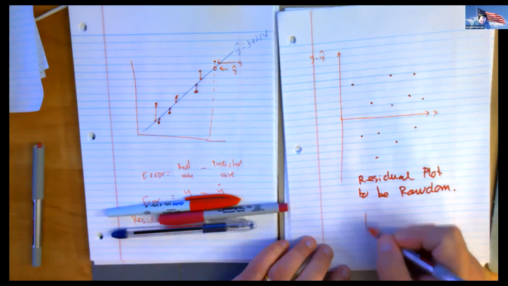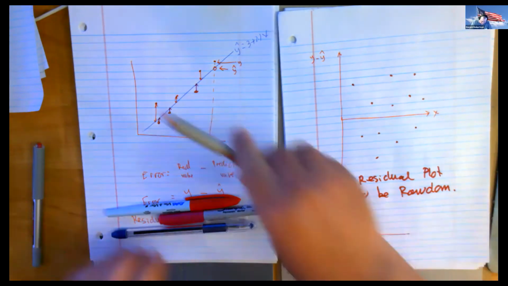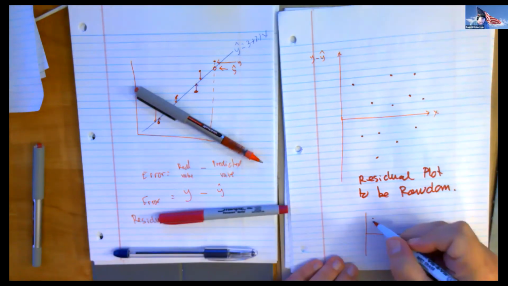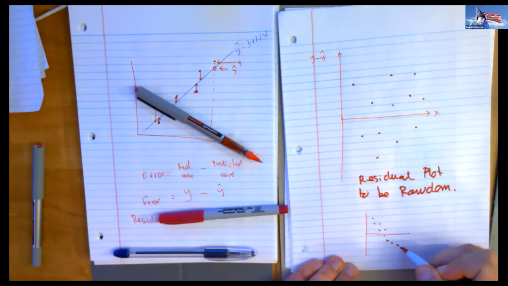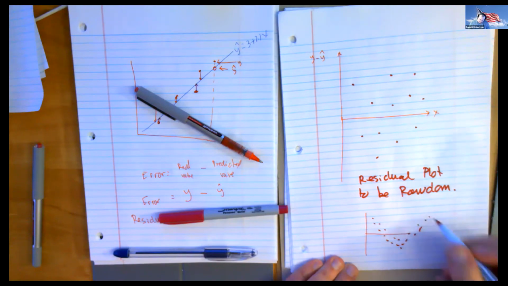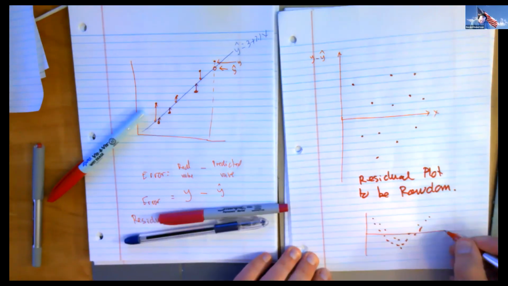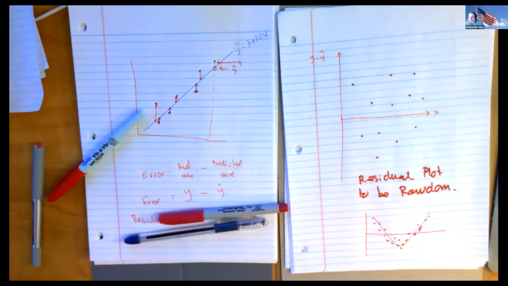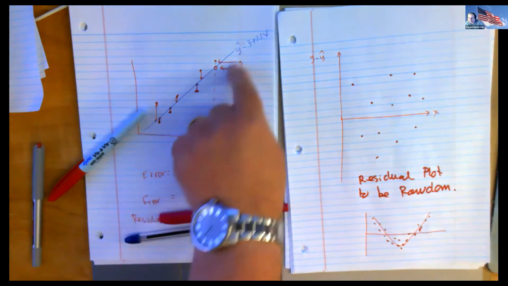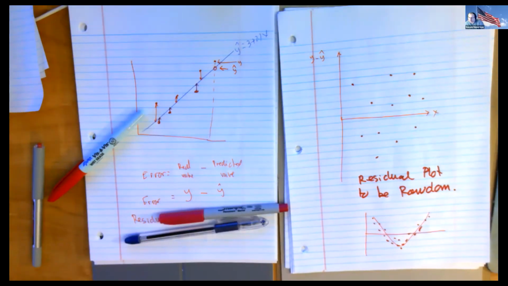If I did a residual plot and the data looked like this, can you see a distinct curve? That's bad news, because what that's telling me is that my assumption that the data is a straight line is wrong.